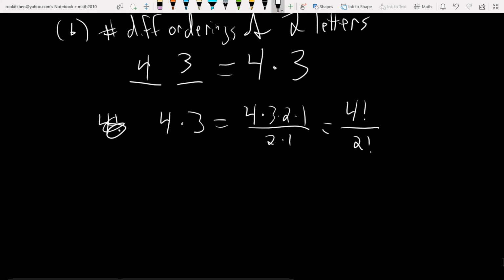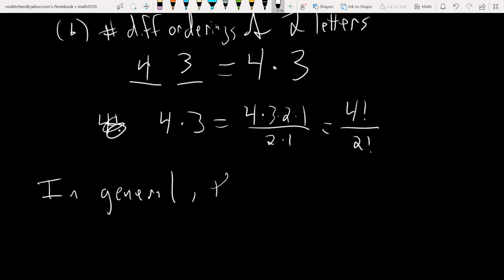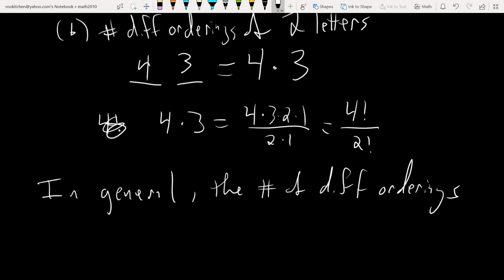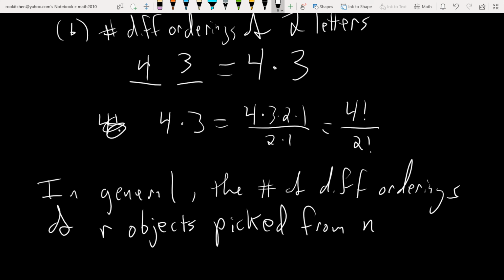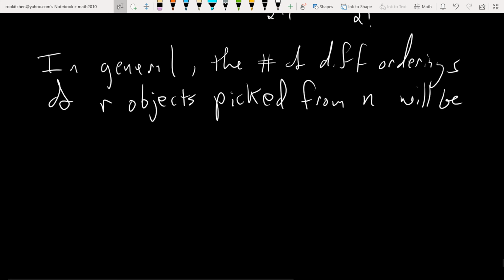We need to put that in a more general form. So in general, the number of orderings of r objects picked from n will be given by n factorial all over n minus r factorial.